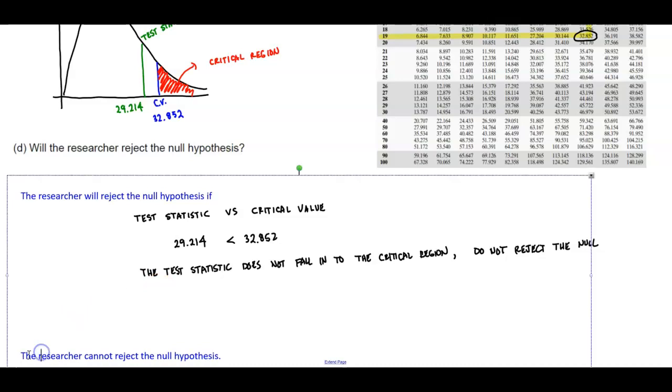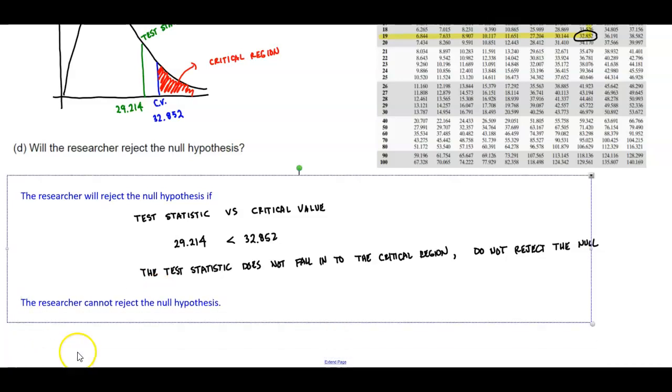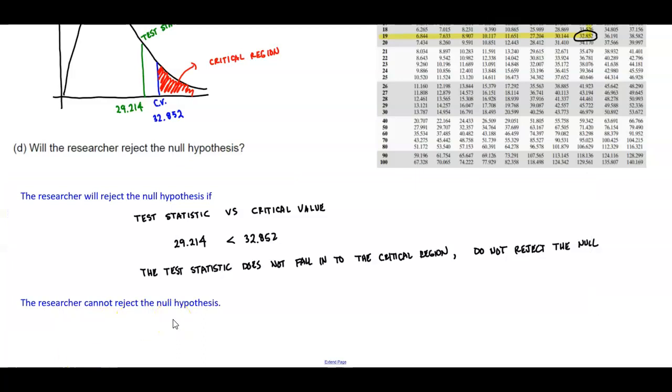So we would say that the researcher cannot reject the null hypothesis.